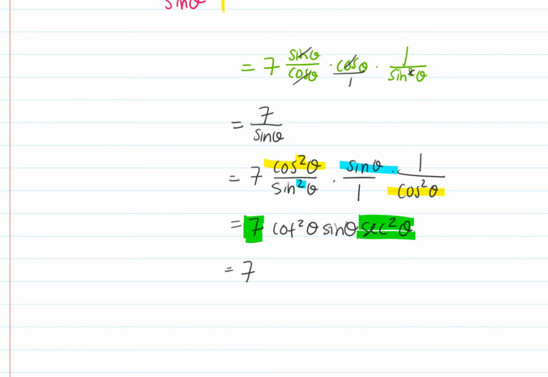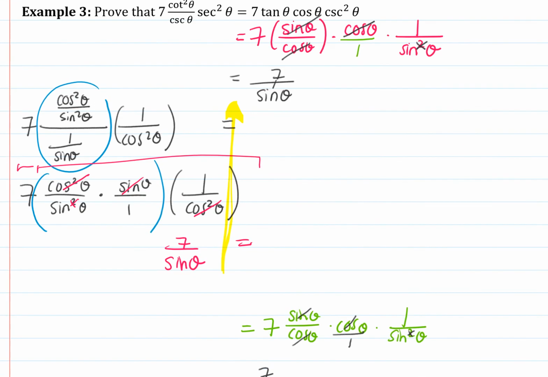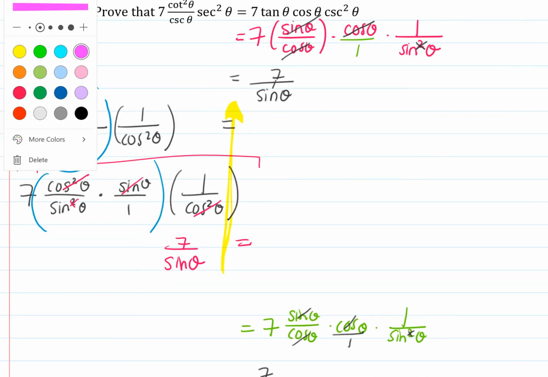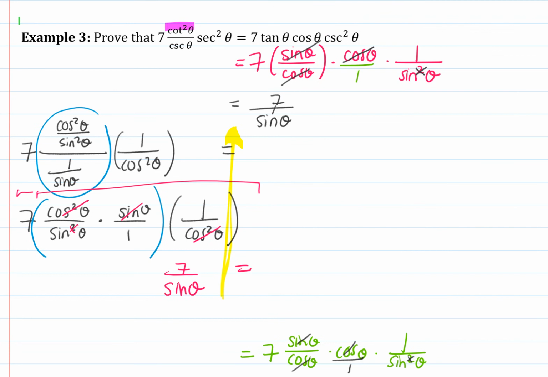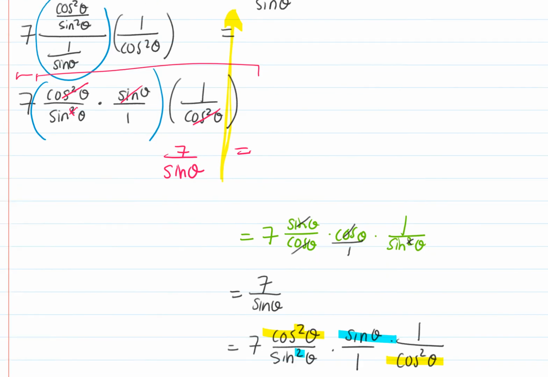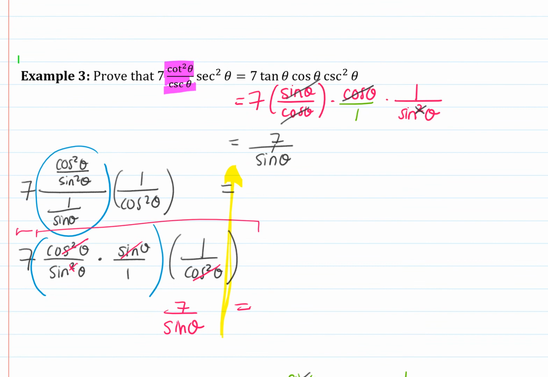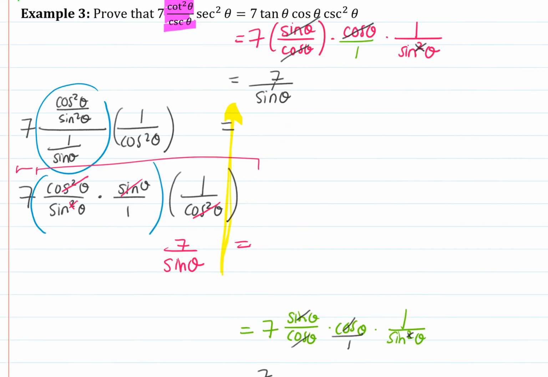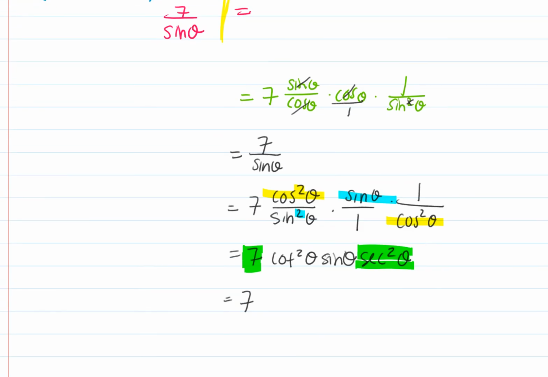This was 7 times, I'm trying to make it look like this. See, it's not an easy thing to do. Okay, we're trying to make it look like this guy. And so we have now cotangent squared theta times sine of theta. Oh, okay, so we like the cotangent squared, we just don't like the sine of theta.